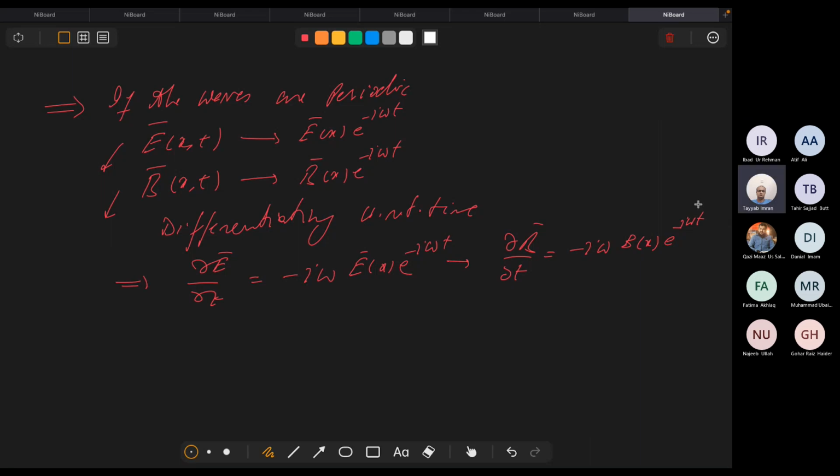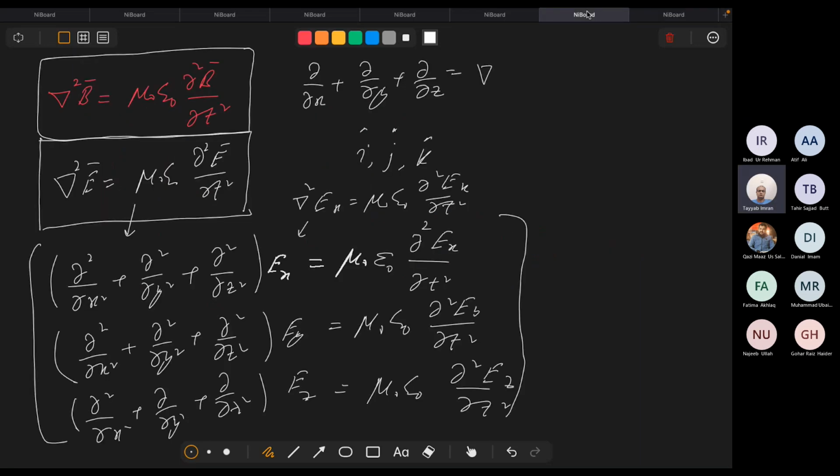Further steps are still there, but first I want to discuss the inhomogeneous medium, then we discuss more, because ultimately we have here a double differential. Okay? And after taking the double differential, we have to substitute here.